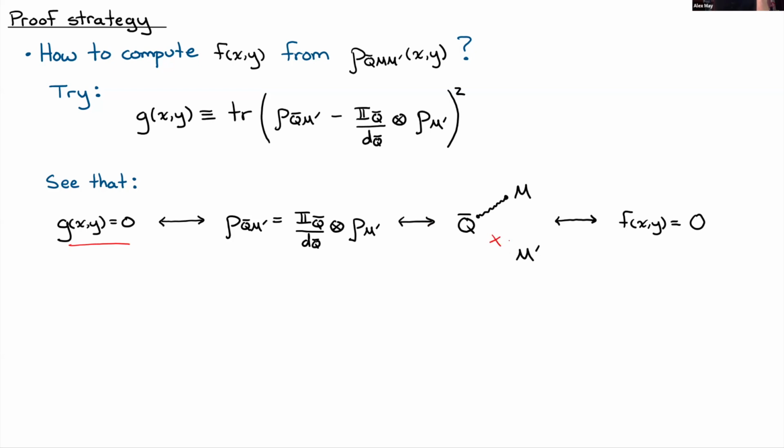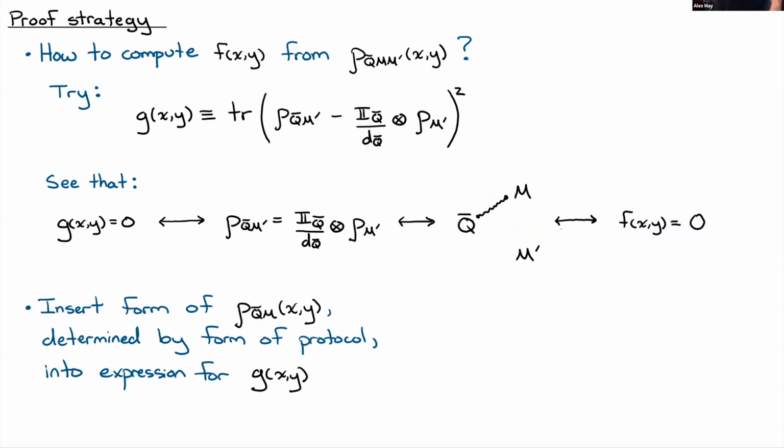And then in quantum mechanics, we know that the entanglement sort of has to be somewhere. And in particular, that's going to mean that it's between Q bar and M, which, on the last slide I was explaining means that f of xy is 0. Okay, so this function g, the structure function, is something I can compute from the density matrix that is 0 if and only if f is 0.